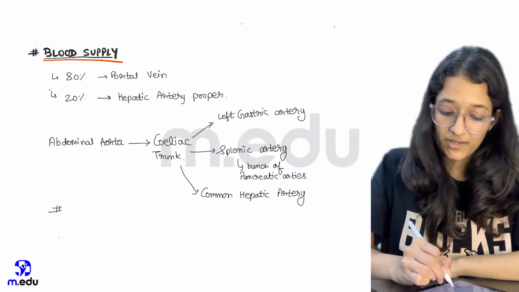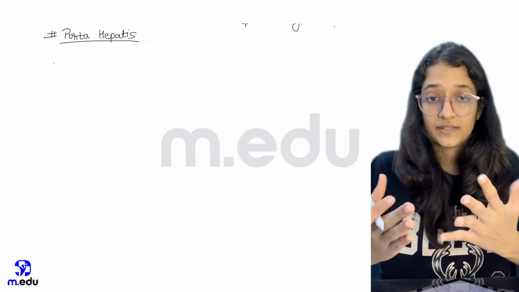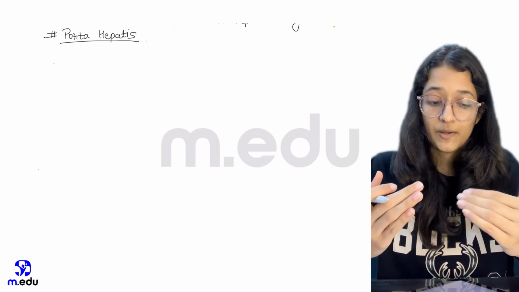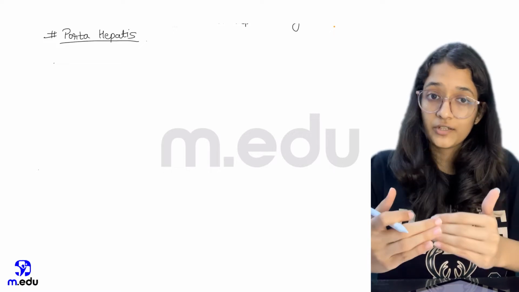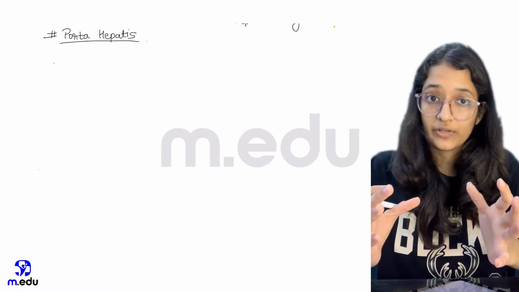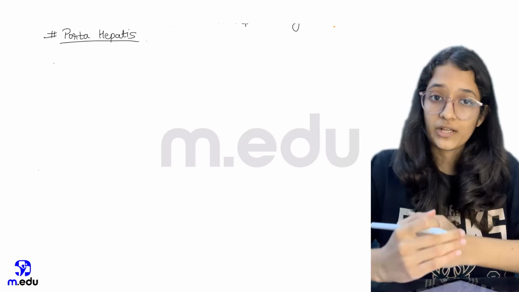Now what is the porta hepatis? The porta hepatis is a fissure present on the posterior side of the liver. Superior to it we have the caudate lobe, and inferior to the porta hepatis we have the quadrate lobe. Now what are the structures entering and leaving the porta hepatis?